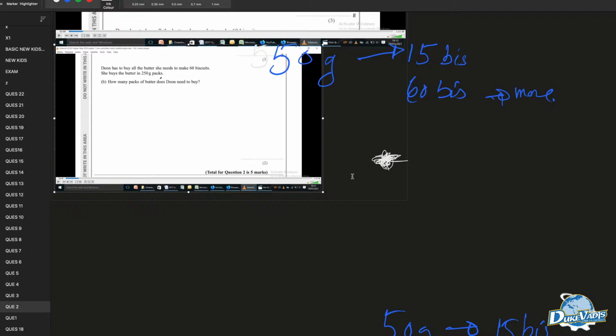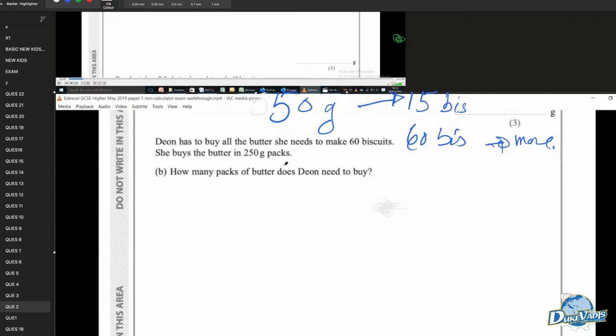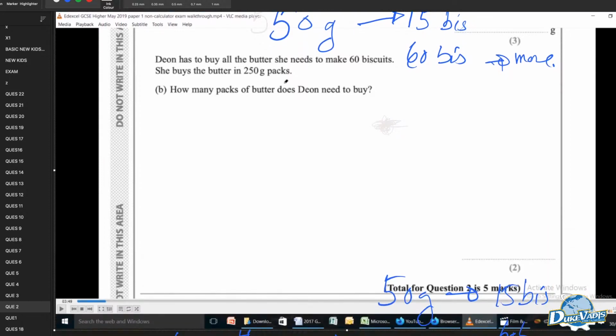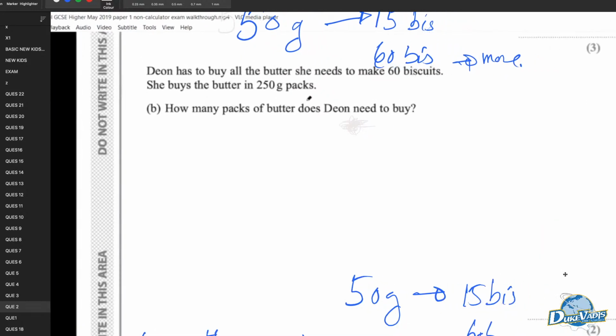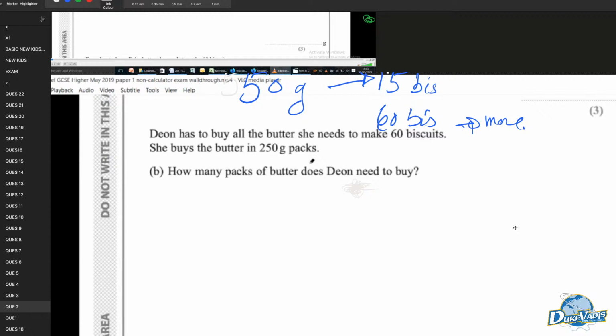Dion has to buy all the butter she needs to make 60 biscuits.